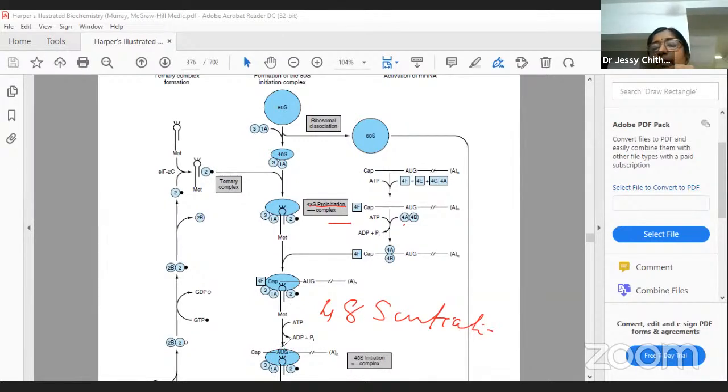The initiator codon is designated by the Kozak sequence, which determines where the initiator codon is. It will bind to the initiator codon, forming the 48S initiation complex. So which is the next step?